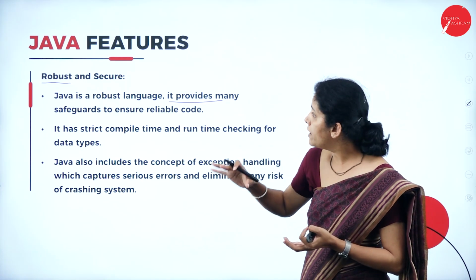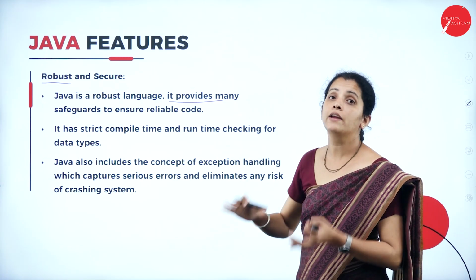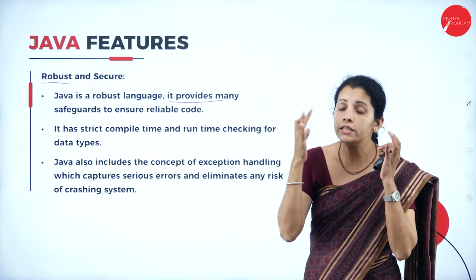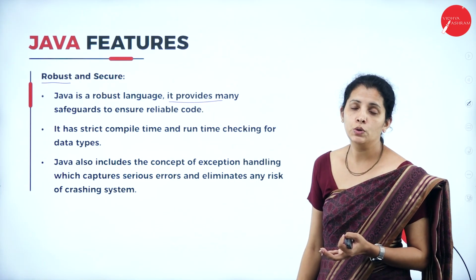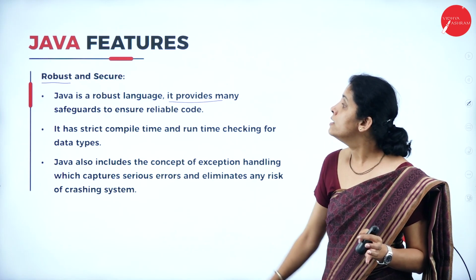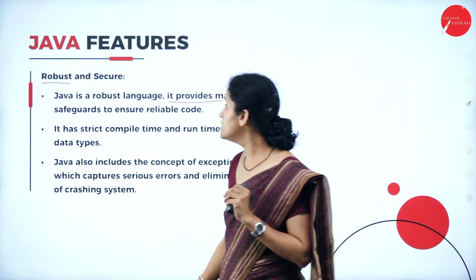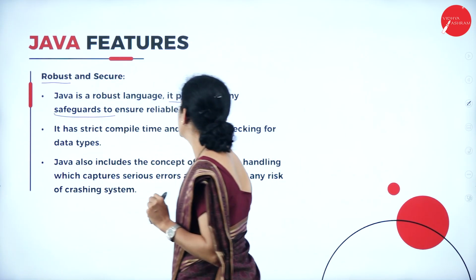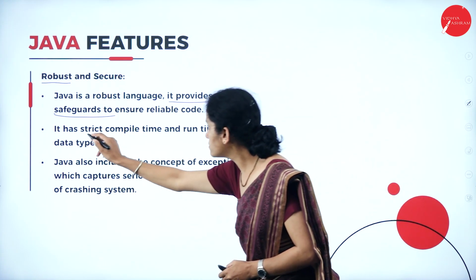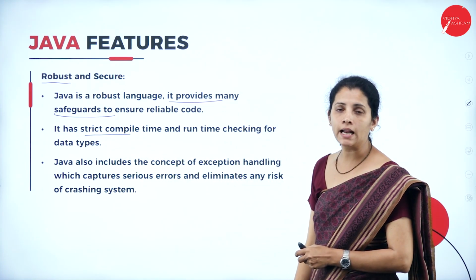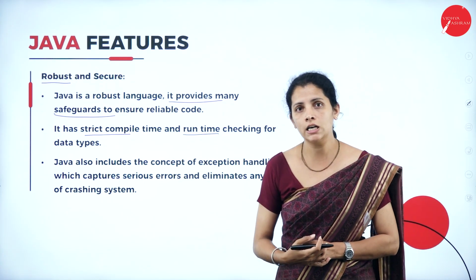And if I want to control the flow of data or provide security, once again I can use Java. Java is robust with respect to safeguards to ensure reliable code, and it has strict compile time as well as runtime checking for data types.